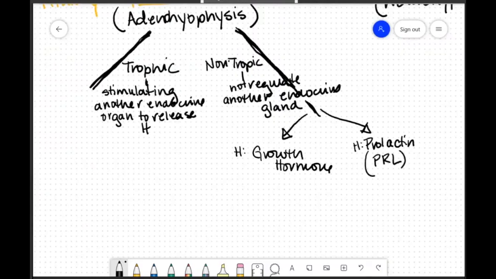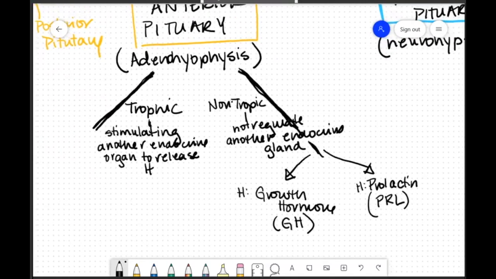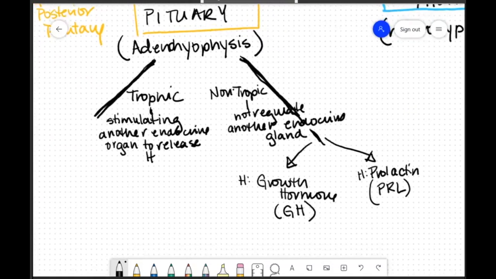Growth hormone and prolactin are non-trophic hormones released by the anterior pituitary gland. These hormones are released into the blood and act on the body as a whole. They don't necessarily go specifically to another endocrine gland.